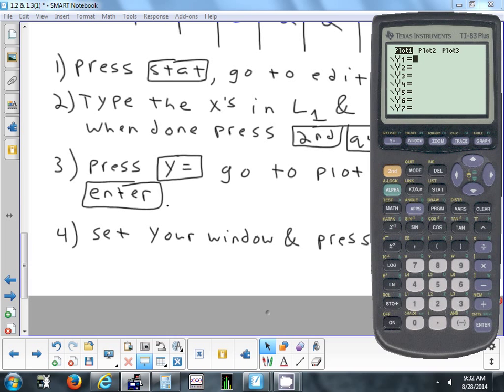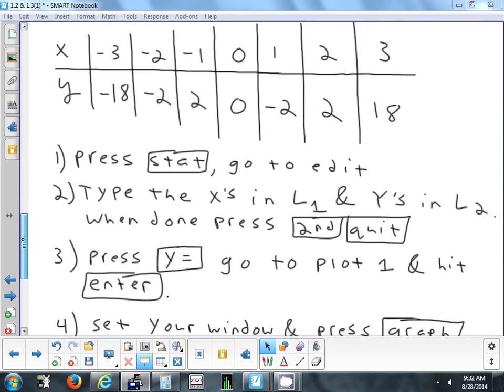All right, looking at my x's, my smallest x value was, let's see, -3. My largest x value is +3. I'd set a window -5 to 5. That's good for your x's. How about for my y's? Look at the smallest y value, look at the largest y value. What would be a good y min and y max for my window here?